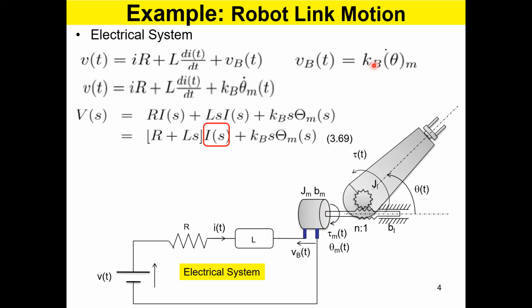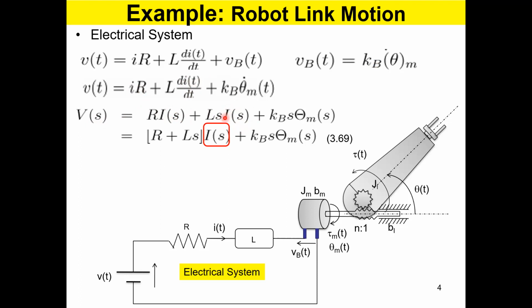So that is the electrical system equation. And then what you do is you substitute for Vb from the motor, that is kb theta dot m. And then of course you can use Laplace for simplification. So Vt becomes Vs, I becomes Is, di by dt becomes what? sIs, right?